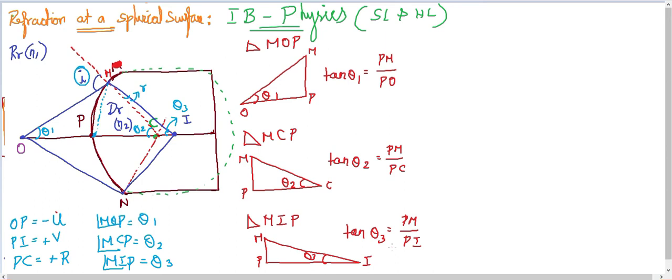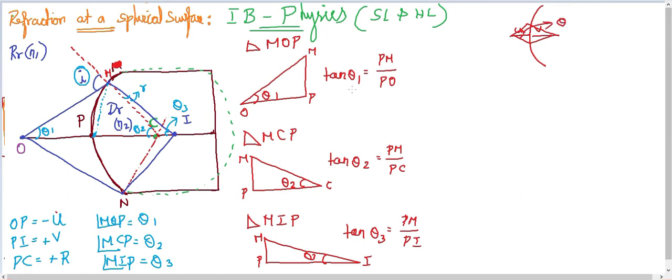Here I am going to make a very big assumption. The diagram which I've already drawn here, you cannot understand from this, so I'll draw it separately here. Suppose the aperture is very small compared to the object distance and the image distance, then the angle is very small.